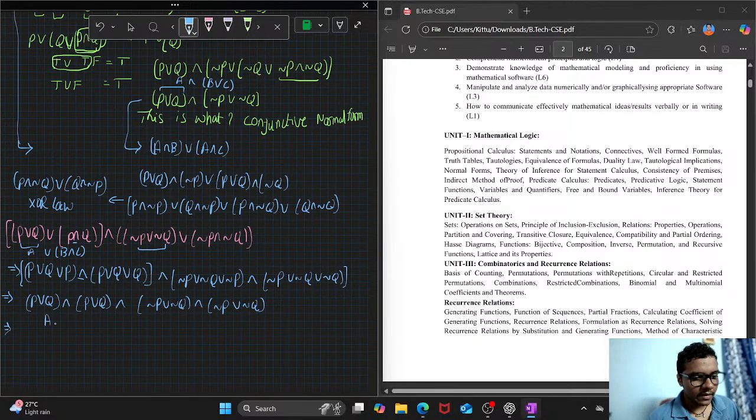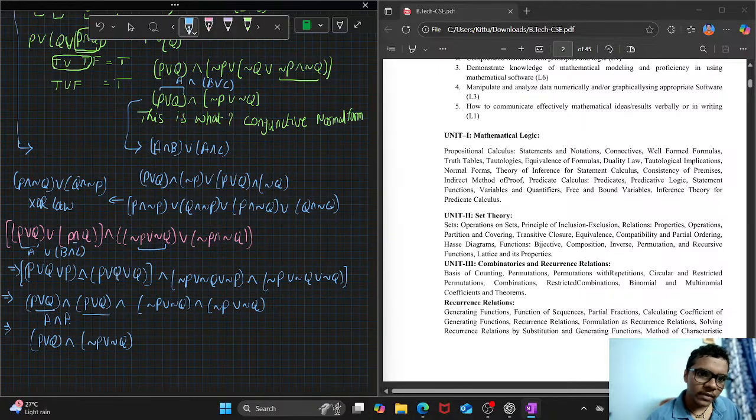This is A and A form. This is A and this is A. A and A is A. So this is P or Q and negation P or negation Q. This is actually what?